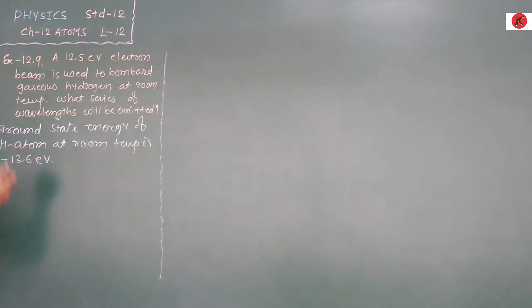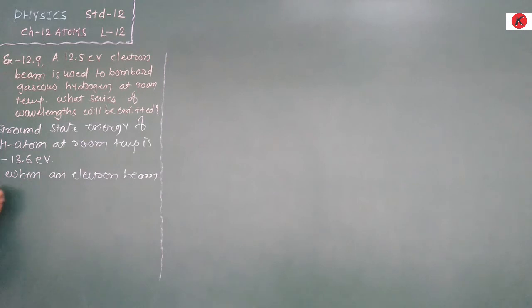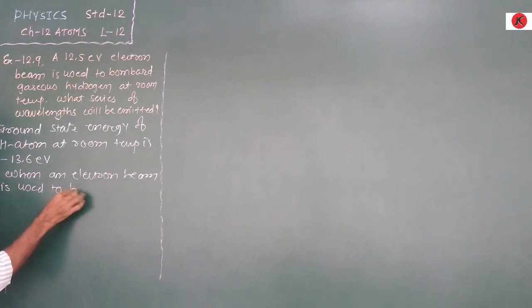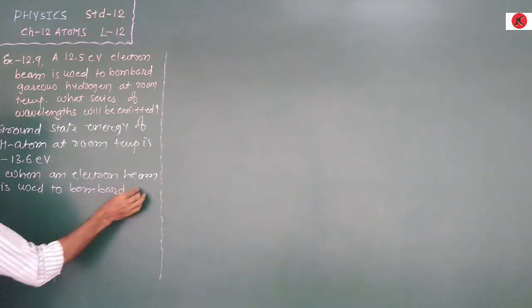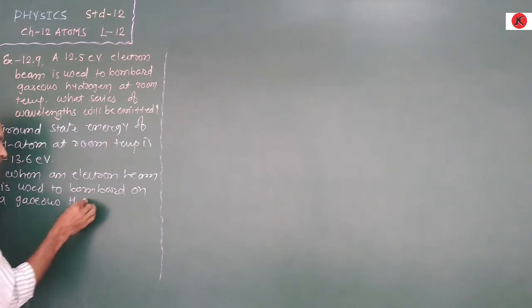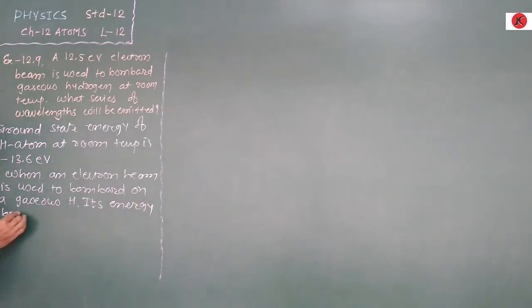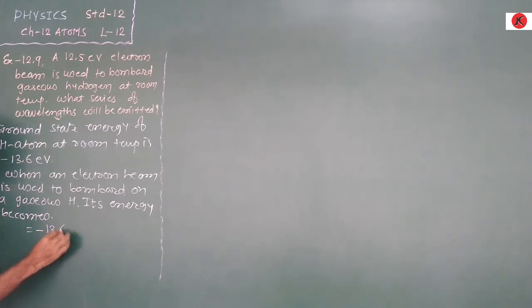Now, when an electron beam is used to bombard gaseous hydrogen, its energy becomes equal to, already the minus 13.6 electron volt it already has.